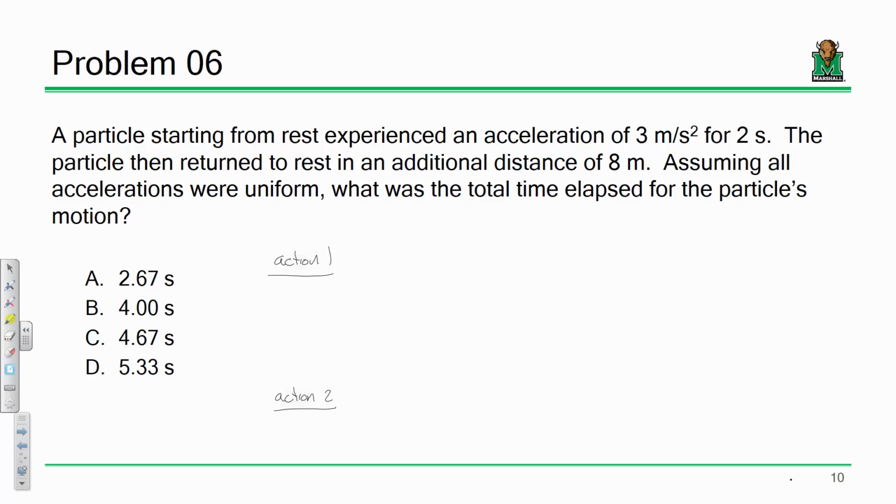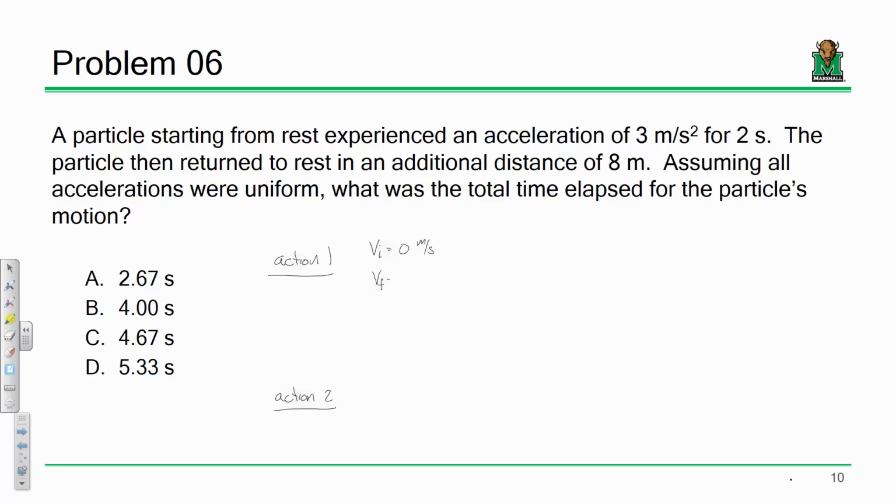I have a particle starting from rest. What does that mean? Its initial velocity is 0, and it experienced an acceleration of 3 meters per second squared for 2 seconds. So it has an initial velocity of 0.